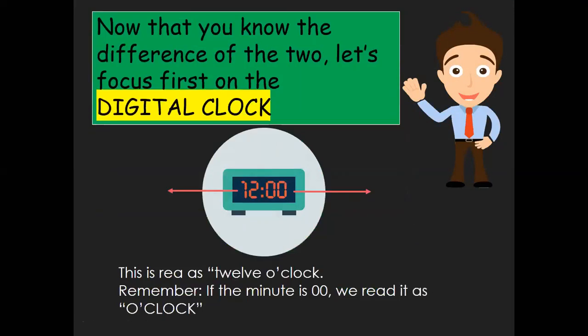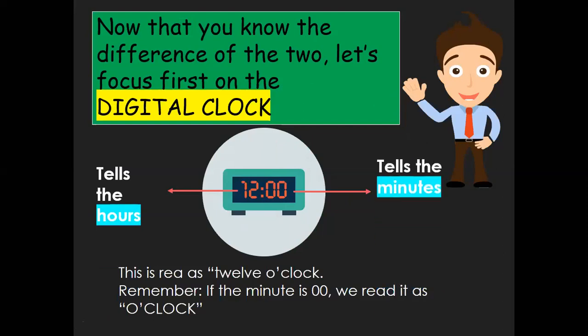So let's start with a digital clock. The first 2 digits tell us about the hours, and the last 2 digits after the colon tell us about the minutes. So in this example, it is read as 12 o'clock. The minute is 00, which is read as o'clock.